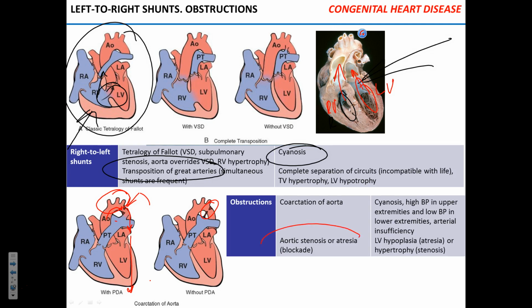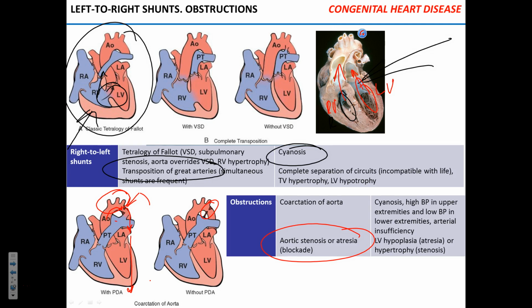Now, stenosis or atresia, just to introduce. When we say something is stenosed, it means that the lumen of the blood vessel is decreased. Stenosis can be a result of congenital abnormality. In adults, stenosis is often a result of inflammation in the blood vessel.